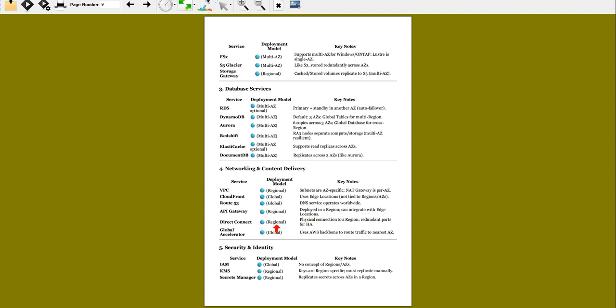Direct Connect is regional; the physical connection is in a region, with redundant ports for high availability. Global Accelerator is a global service that uses the AWS backbone to route traffic to the nearest availability zone, right? IAM is global; KMS is regional and region specific, so keys must be replicated manually. Secrets Manager is regional and replicates secrets across availability zones in the region, right?